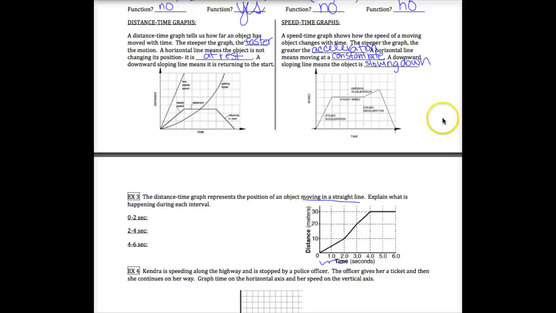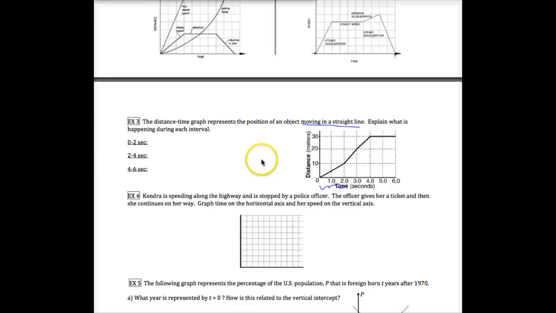And we learned up here that on distance time, a positive slope going upward means that we are having a steady speed. So we are traveling somewhere, traveling away from the start.